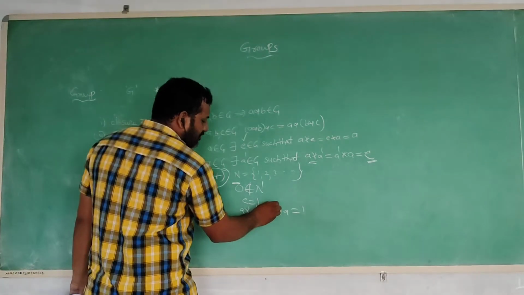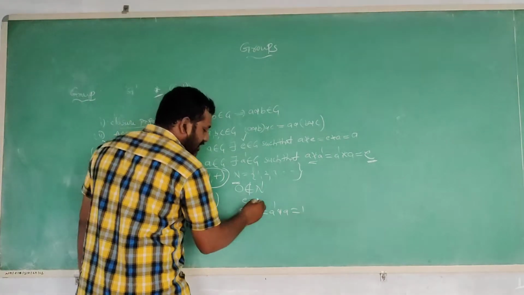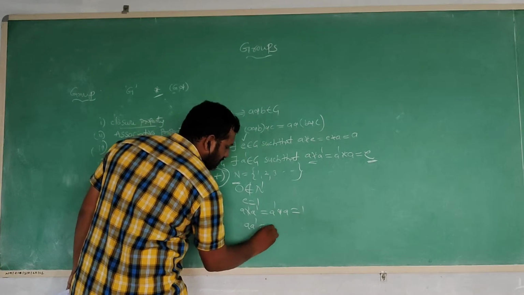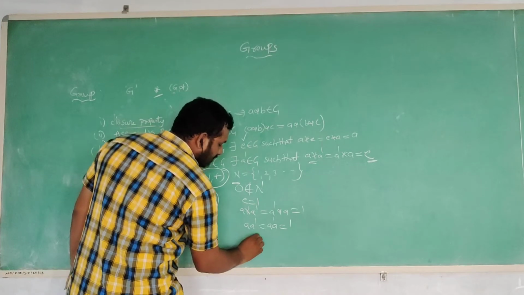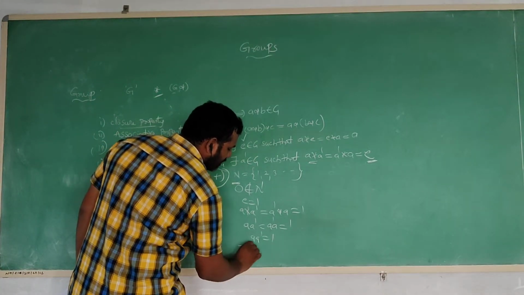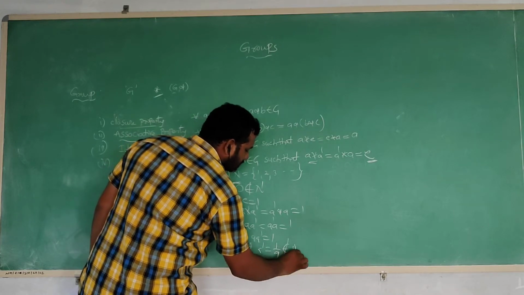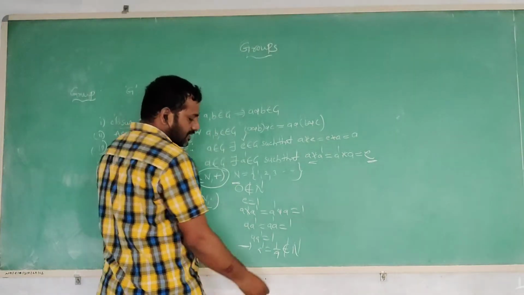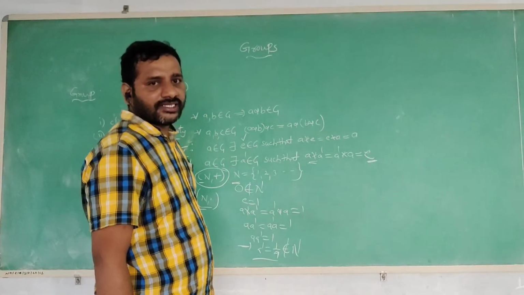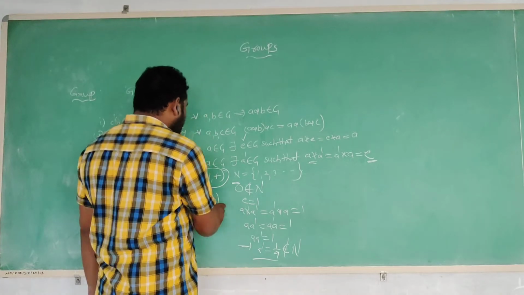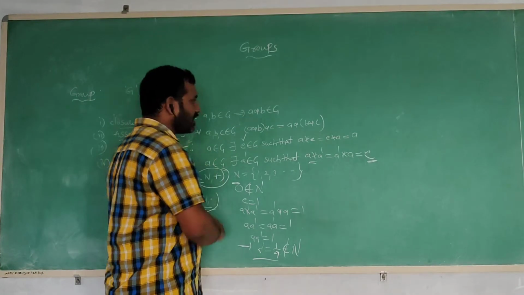Here the star operation is multiplication, so a into a dash equals a dash into a equals 1. Then a dash can be written as 1 by a. This 1 by a does not belong to N, so this property is not satisfied. That's why (N, dot) is not a group.